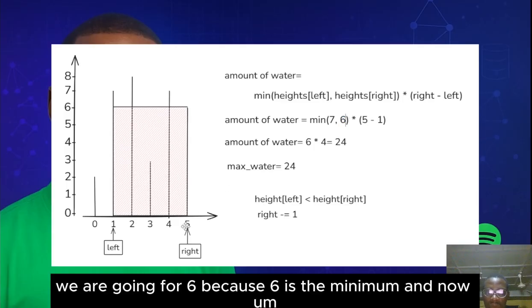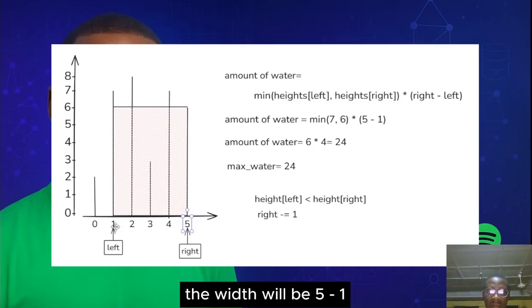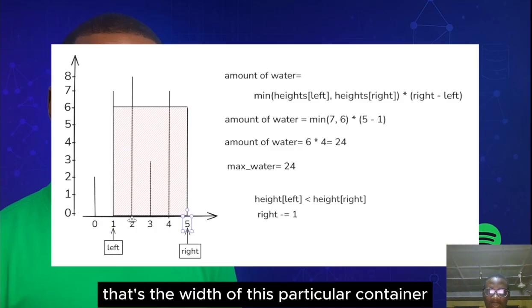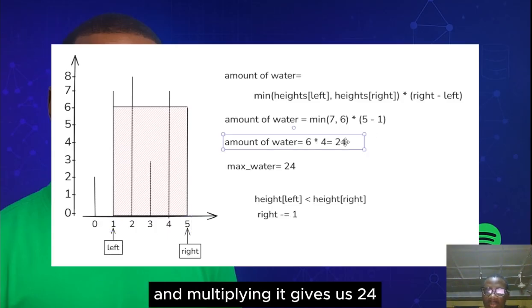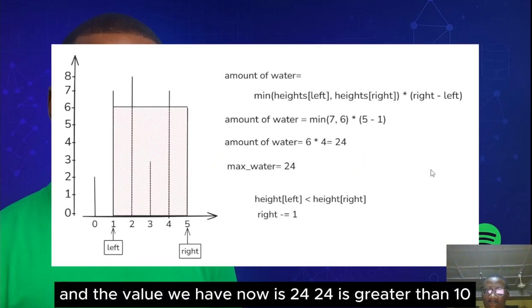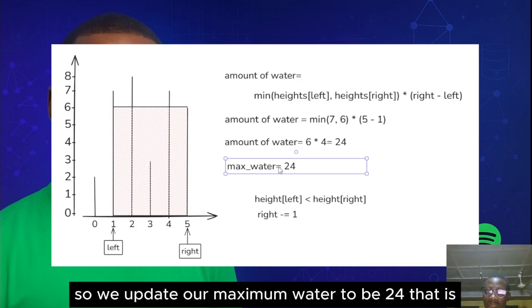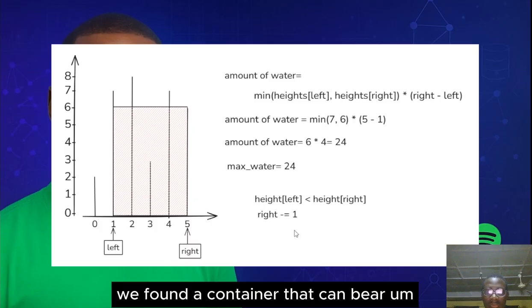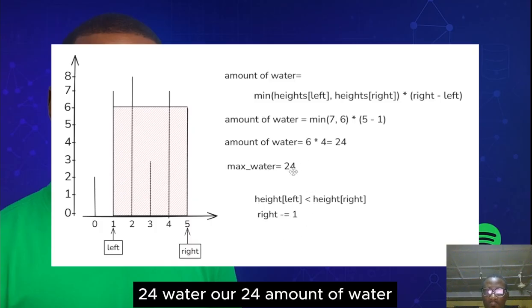And now the width will be 5 minus 1. That's the width of this particular container, and multiplying gives us 24. We see that the previous value we have is 10 and the value we have now is 24. 24 is greater than 10, so we update our maximum water to be 24. That is, we found a container that can hold 24 units of water.